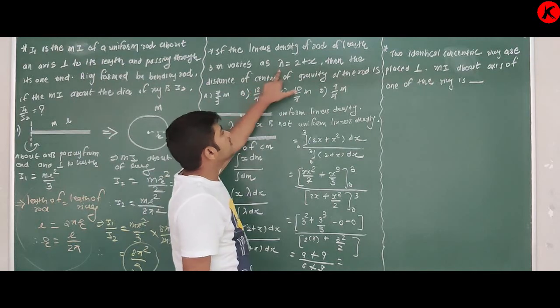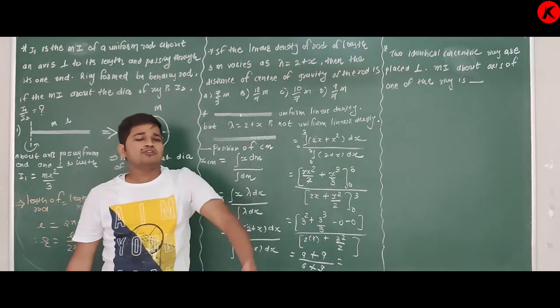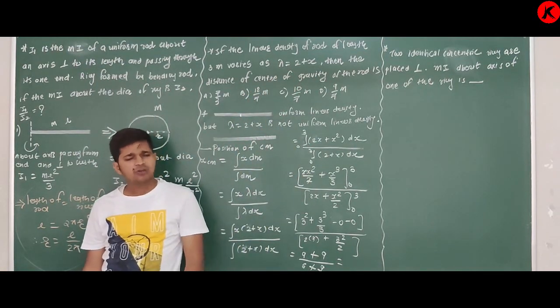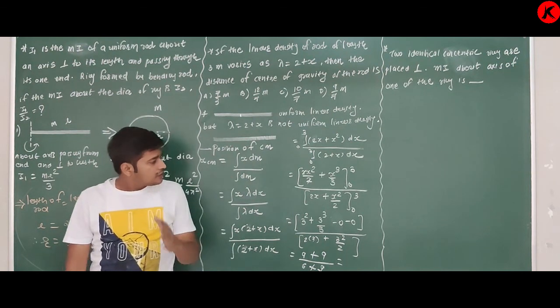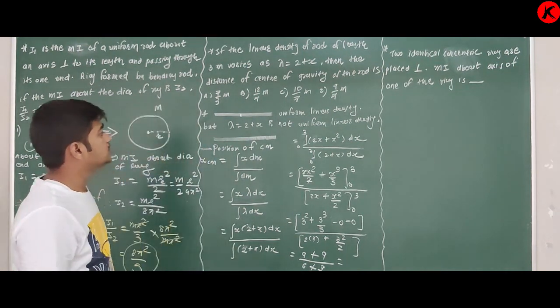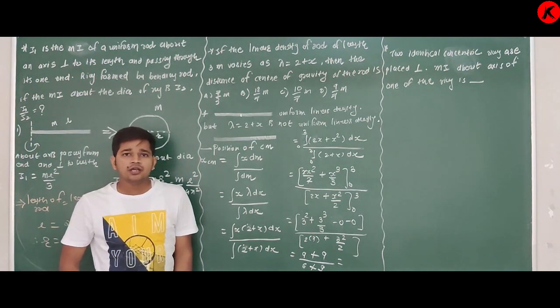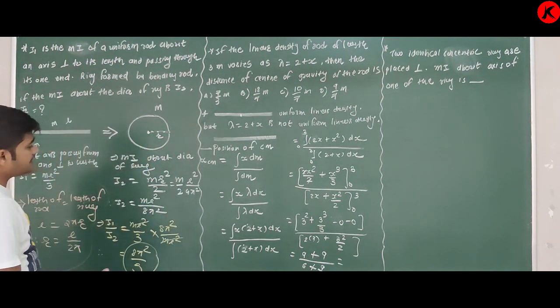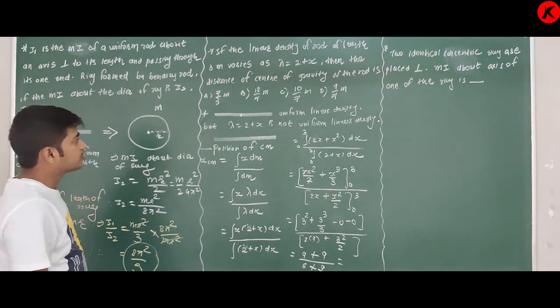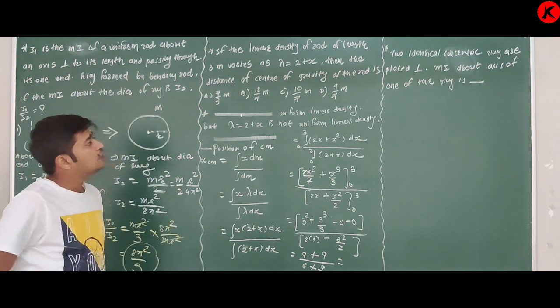If you are given the equation of sigma, or the equation of rho, then again you can solve such questions. Clear about this? So again, it is one question which is based on center of gravity.